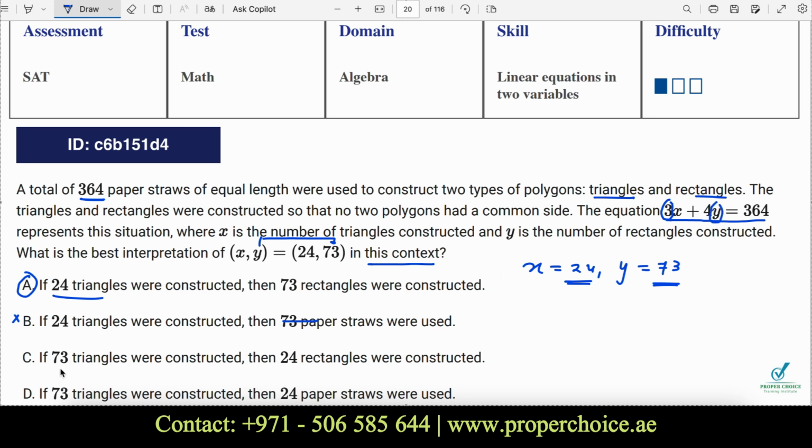And here they are saying 73 triangles, which means they are talking about the opposite in number of sides, which is wrong. Then if 73 triangles were constructed, again which is wrong, 24 paper straws were used. So it makes sense with option A.